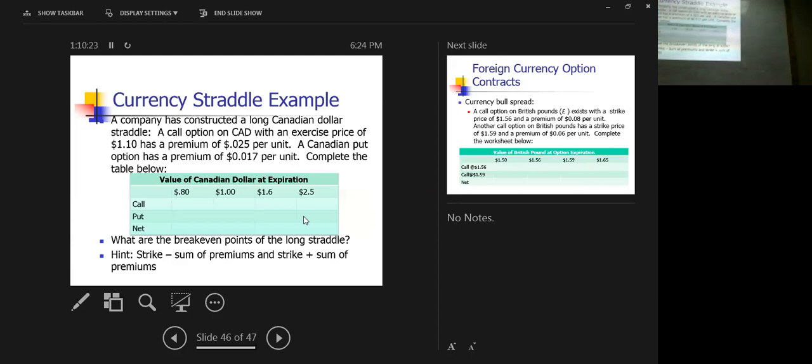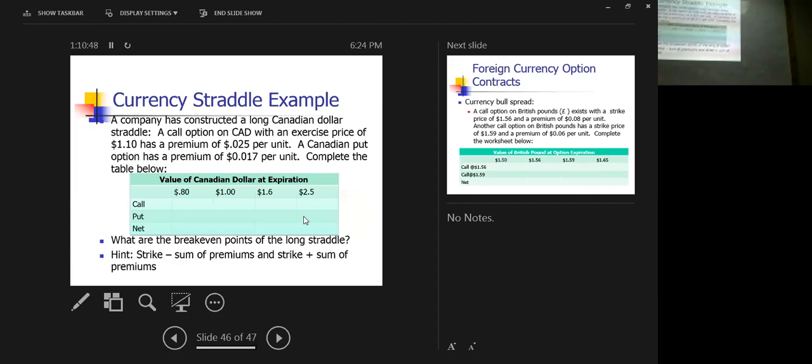Well, this is a call, so it's always the underlying minus the strike. The underlying is 0.8. Where's the strike? 110. So that is negative, so that is 30 cents. So the minimum is 30 cents.